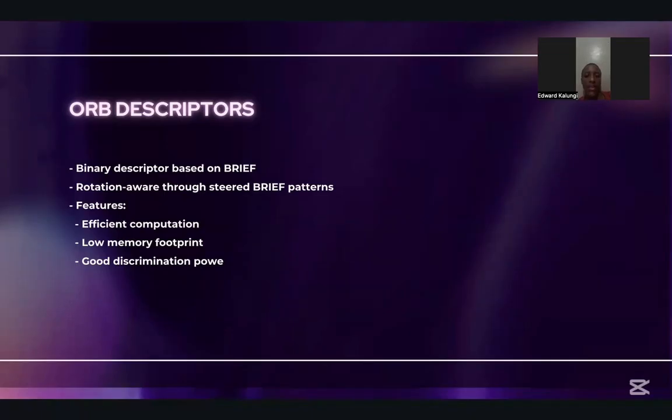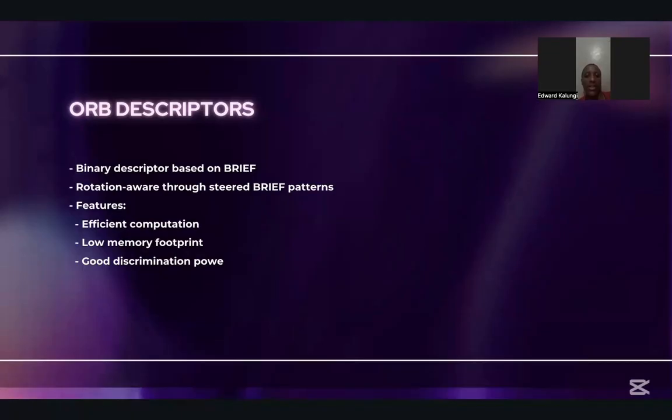When a key point's orientation is calculated, ORB rotates the BRIEF pattern, a set of binary comparisons between pixel pairs, by the same angle, ensuring that the descriptor is aligned with the key point's rotation. ORB breaks the rotation angle into small increments, which is 12 degrees, and pre-computes rotated BRIEF patterns for efficiency.